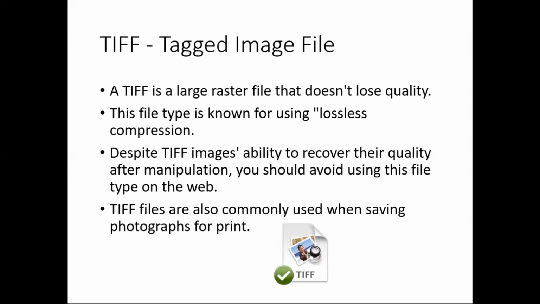For photographs and banner printing, we use TIFF because the quality of the image is very high. Then the file size is again high, right? This is a lossless compression. If we perform some kind of compression algorithm on top of this TIFF image, the information is not going to be lost. Then we call the TIFF image type a lossless file type.